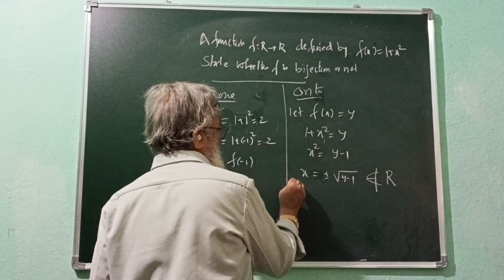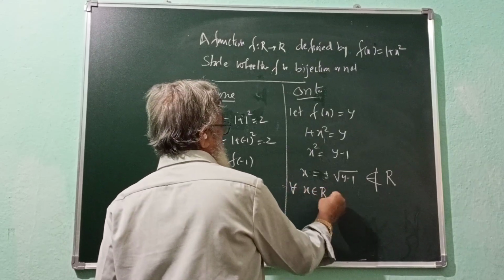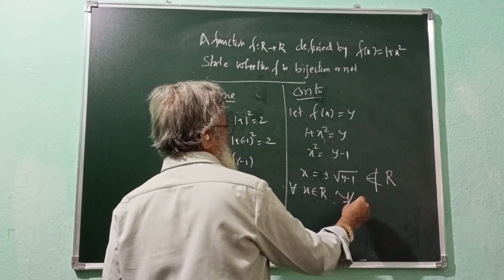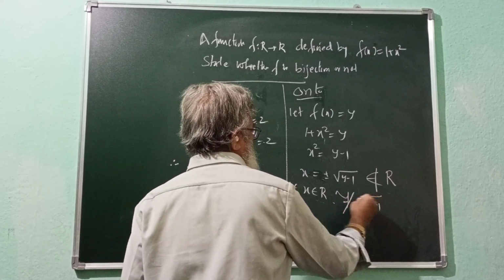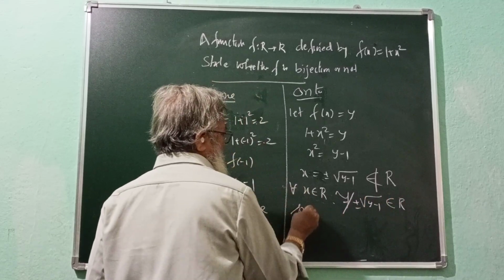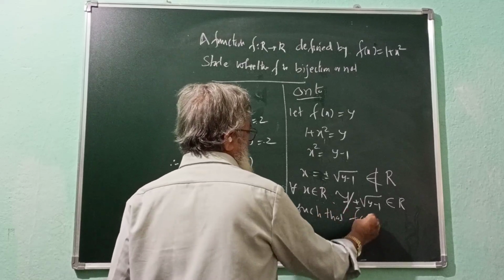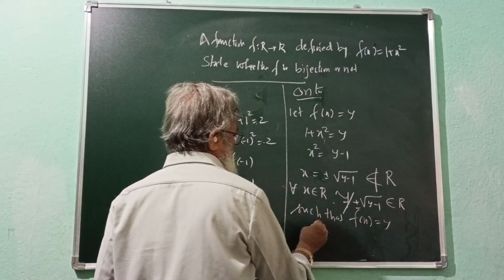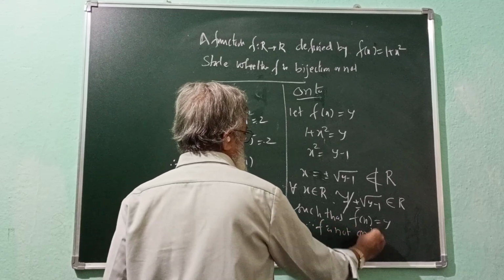Therefore, for every y belonging to R, there does not exist x = ±√(y - 1) belonging to R such that f(x) = y. Therefore, f is not onto.